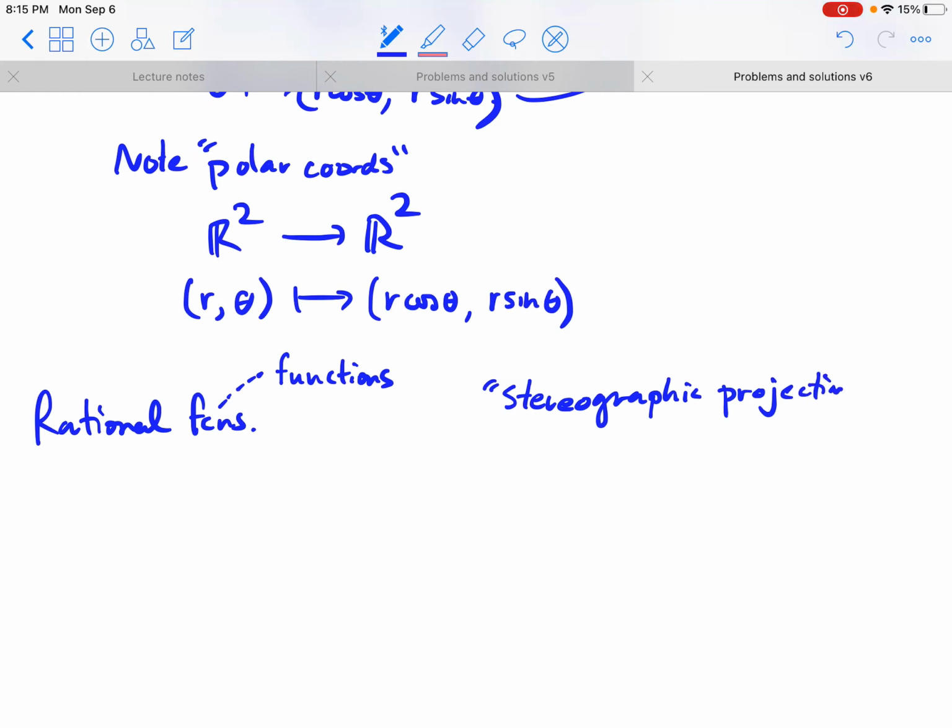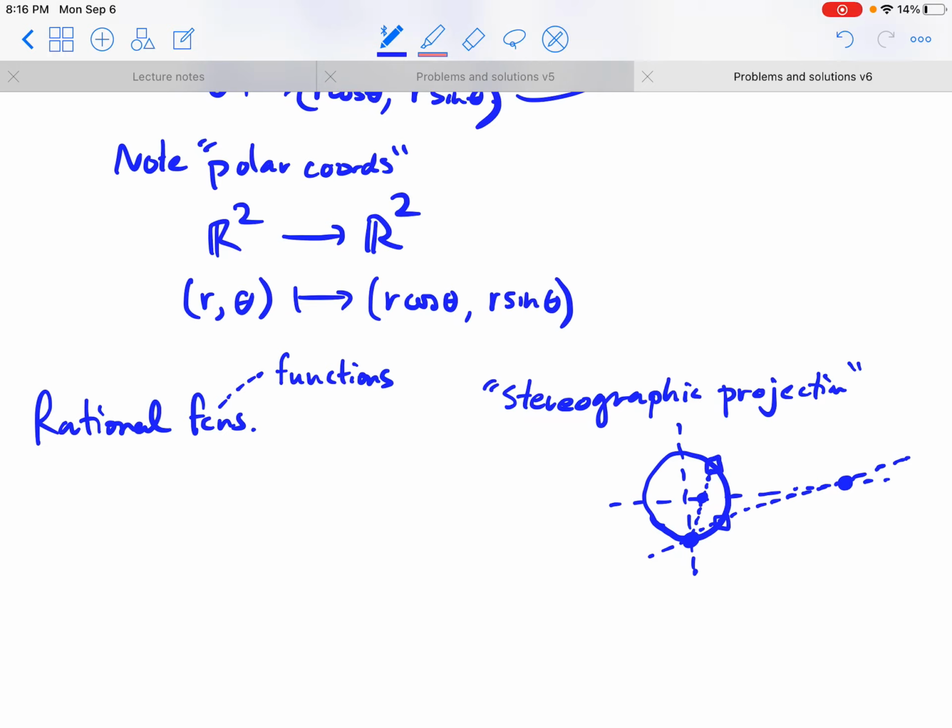stereographic projection. And this is roughly like if we have here the unit circle living in the plane R2, and if we take a point from, let's say, the South Pole, and we go to some point on the horizontal axis, like there, and we draw a straight line, then that straight line is going to hit the unit circle somewhere.